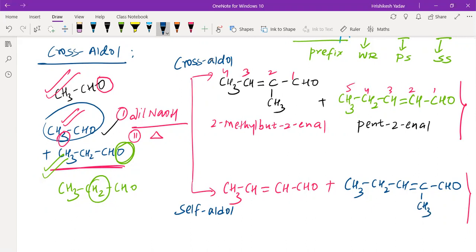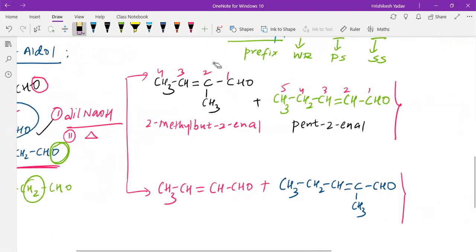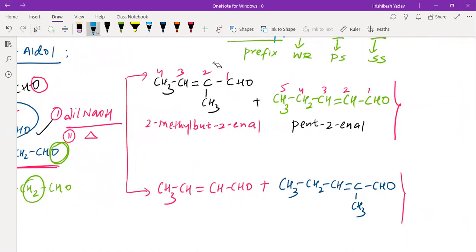Means we can write it here only. That is cross aldol products, and this here is self aldol products.